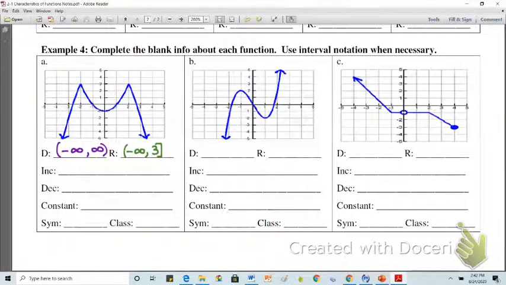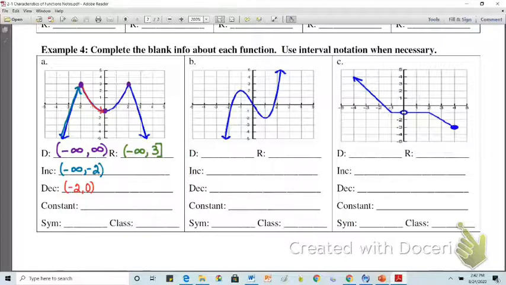Next, if we go to increasing, we look for our critical points. So I have one here, and one here. So I break that up into parts. It is increasing there. So that is -infinity to -2. It then switches over and it decreases. So that is -2 to 0.